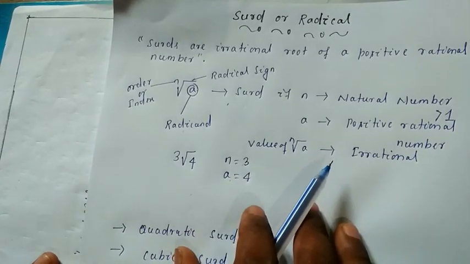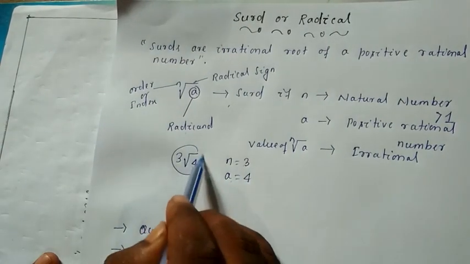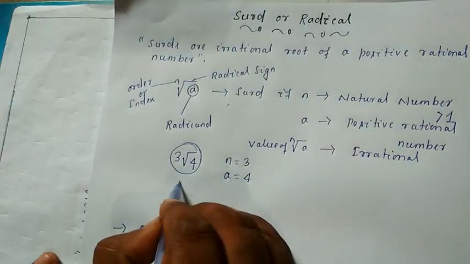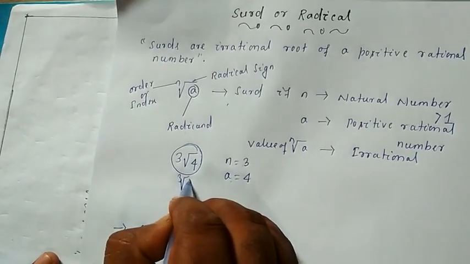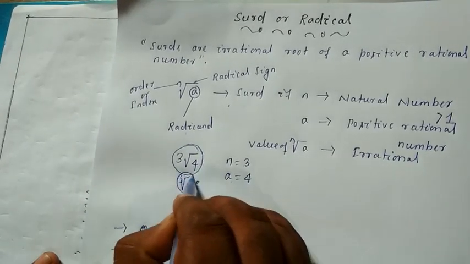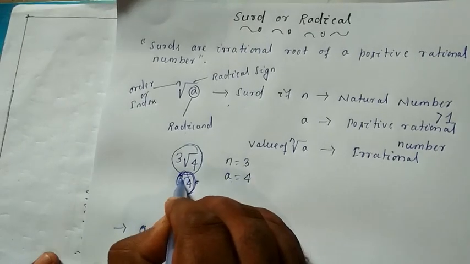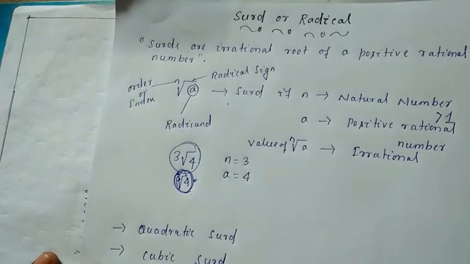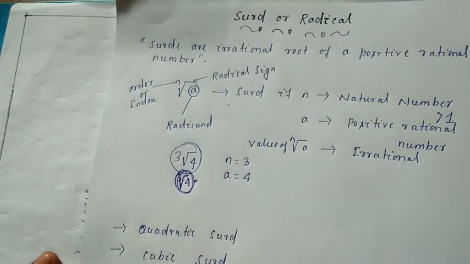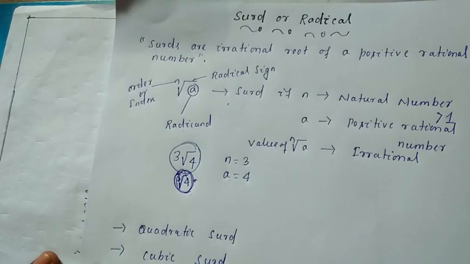And we'll see whether the value of cube root of 4 is rational or irrational. You cannot calculate it exactly, which means the cube root of 4 itself is an irrational number. You know what an irrational number is.